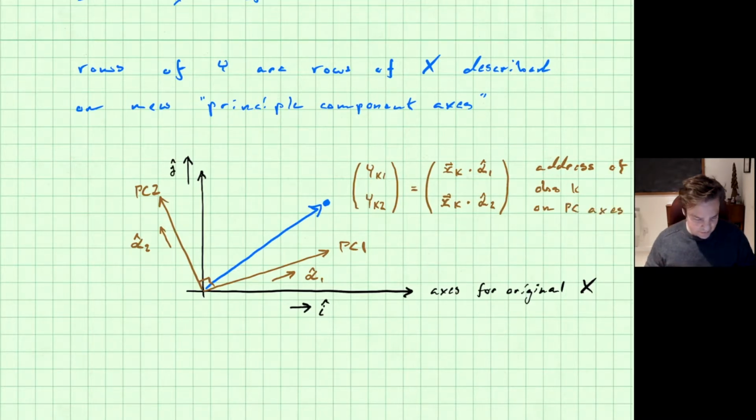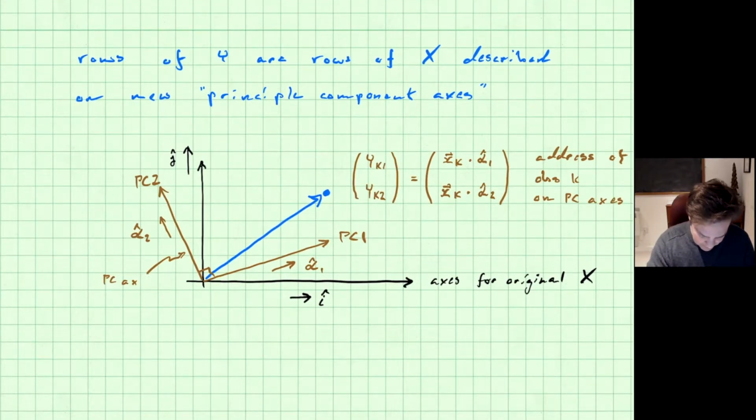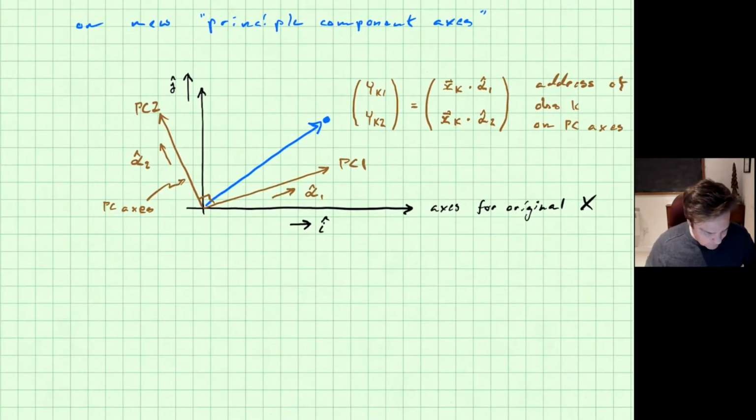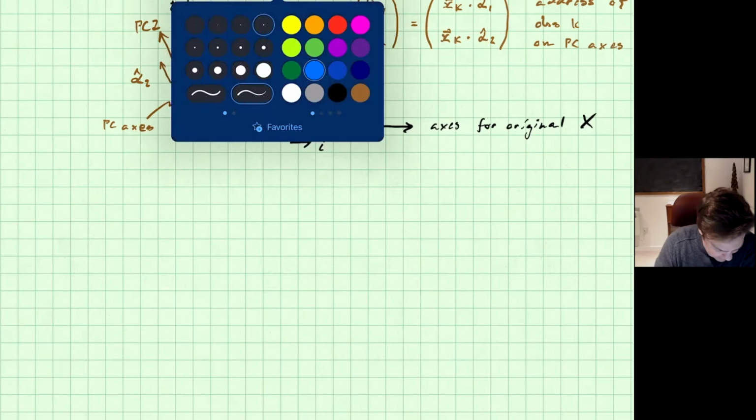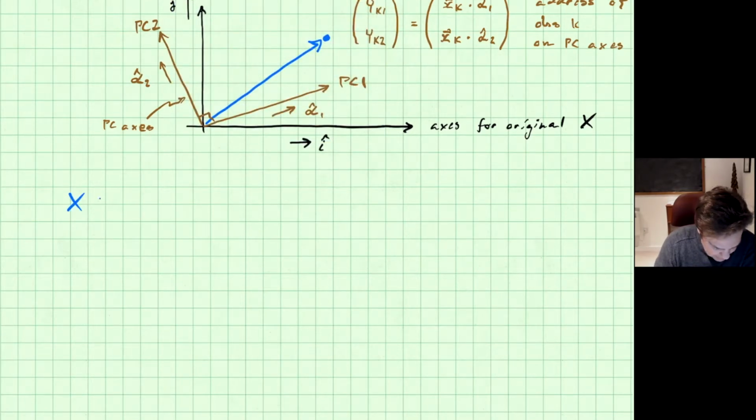I think this geometric picture is helpful, to me at least. And just as a reminder, these brown things are the principal component axes. Okay. Now let's take a look at what the two matrices X and Y actually look like. The matrix X is a bunch of rows.